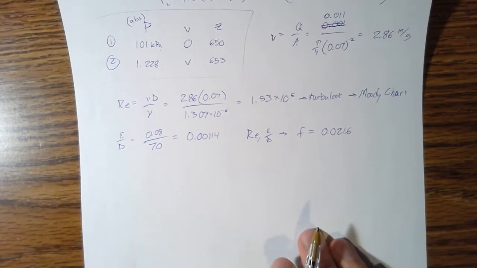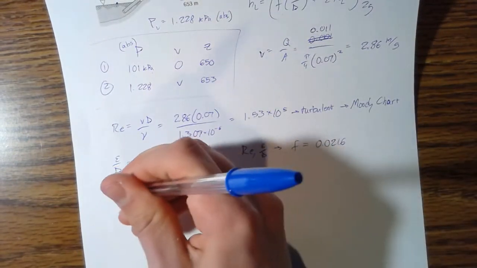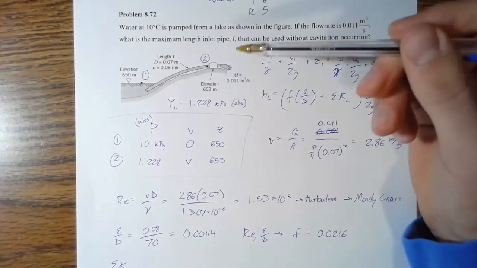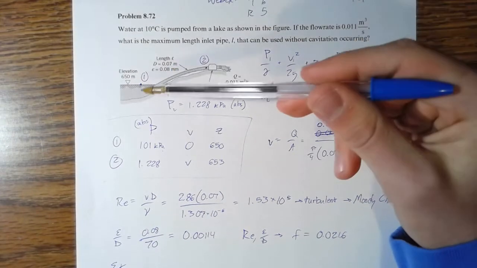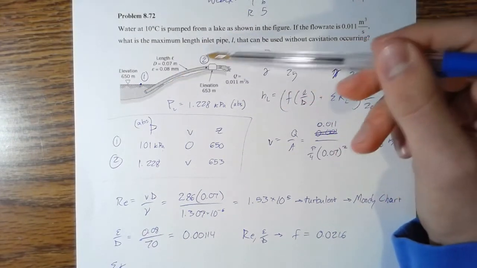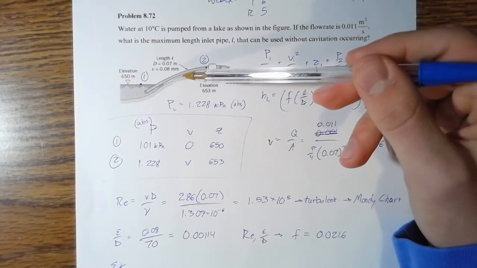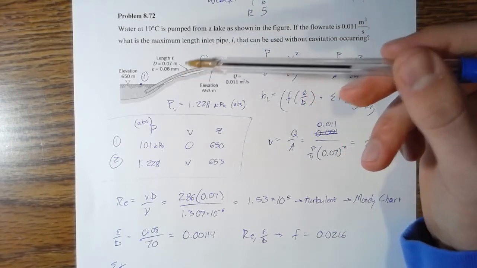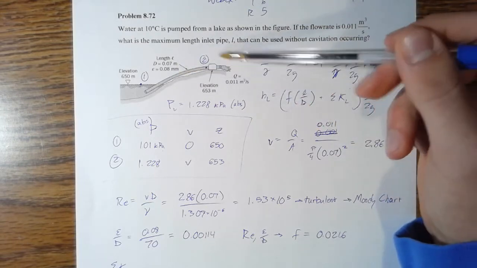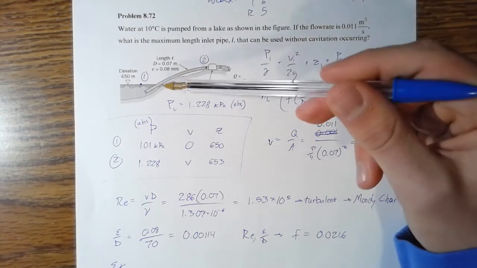Alrighty. And for sigma KL, we look at this and ask ourselves, where are potential losses? That's at entrances, exits, and connections in between. We don't have any connections, so there are no loss coefficients from in-between. At the exit, it's just an open exit, so there's no losses there.